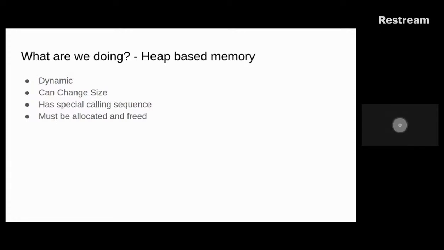For the heap, I can say I have an array of size 2, and then during runtime, I can expand that array size to 4 using the heap, because it gives you extra space for heap-based memory allocation.